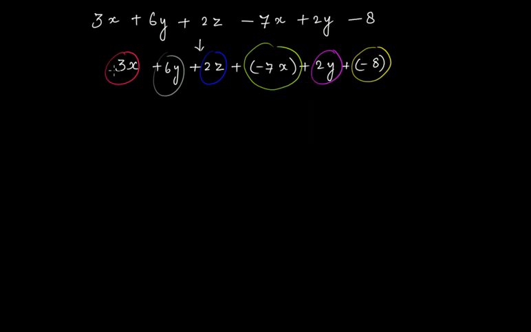Now, the 3x and the minus 7x, these are like terms because they contain only one variable, that is x. So these are like terms, right? The 6y and plus 2y, these are like terms. 2z is left alone in the world of algebraic expression because it doesn't contain any like term, and similarly this minus 8.